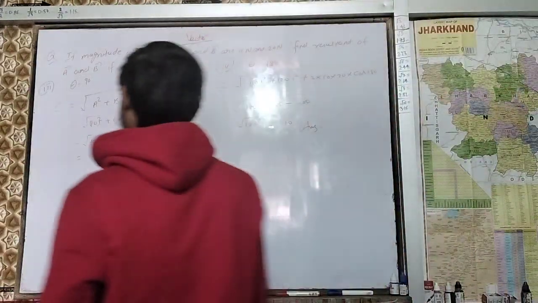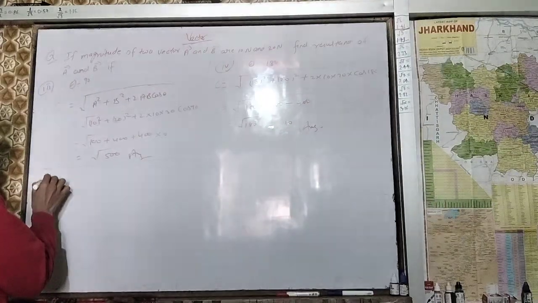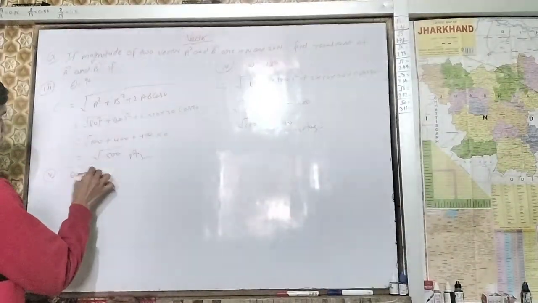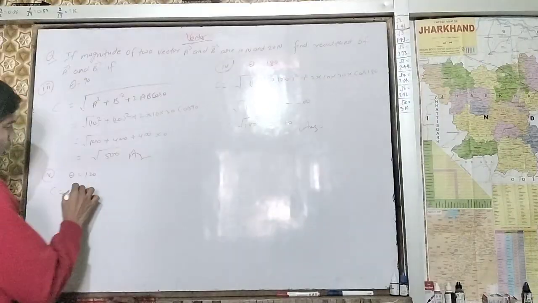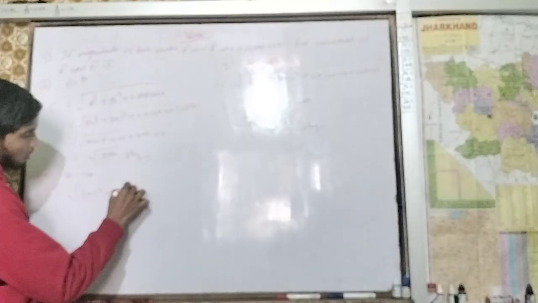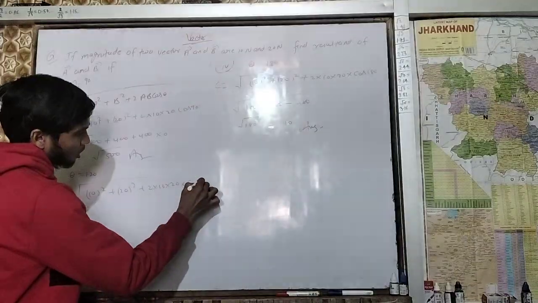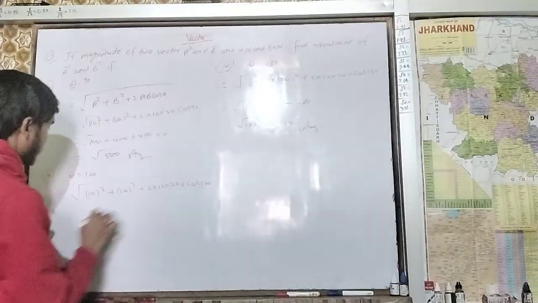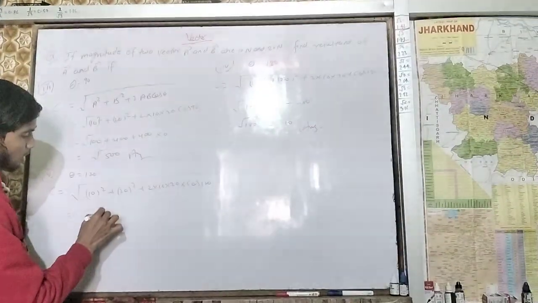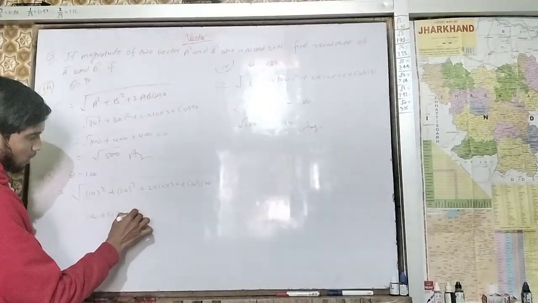Now theta is 120. A is 10 raised to power 2, B is 20 raised to power 2, plus 2 multiplied by 10 multiplied by 20 multiplied by cos 120. 100, again 400, and again 400.